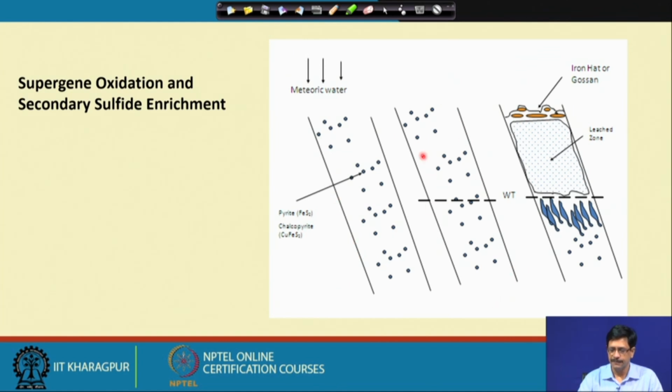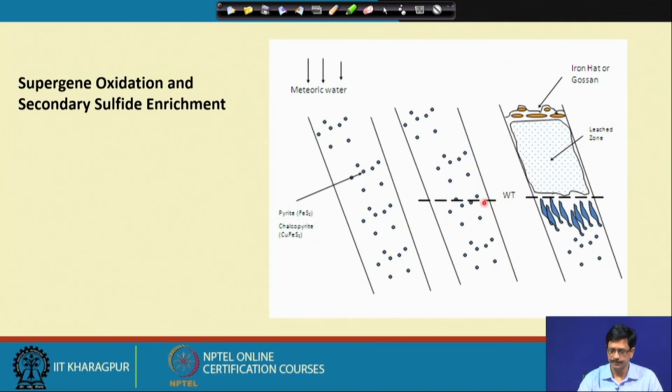In this diagram, WT is the water table. We all know that the water table is the surface at which, if we dig a hole here, we will get water, in an unconfined condition.